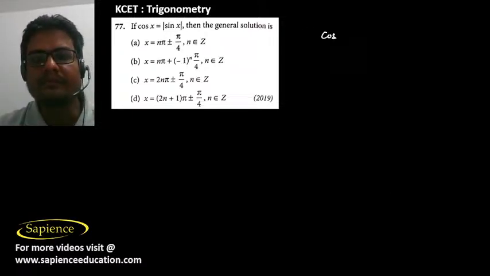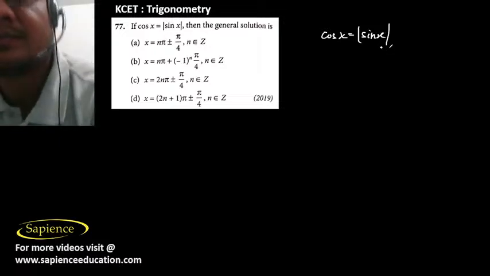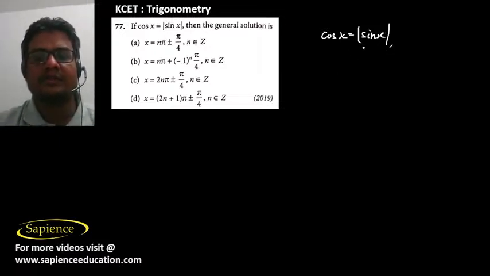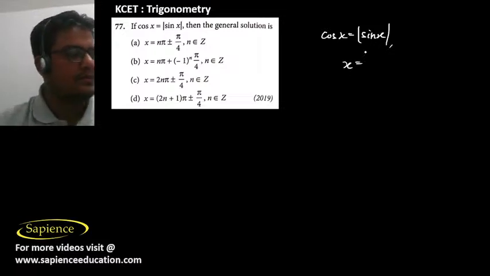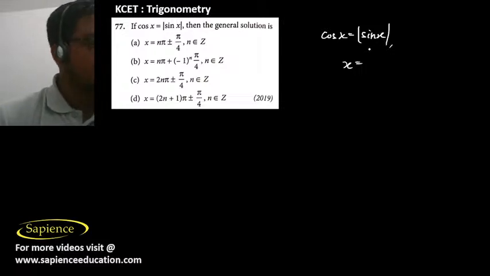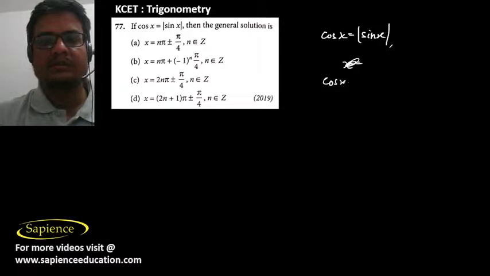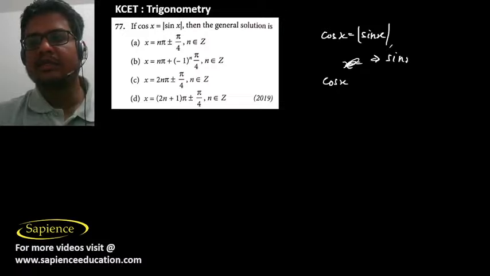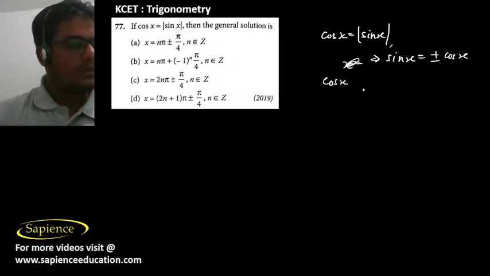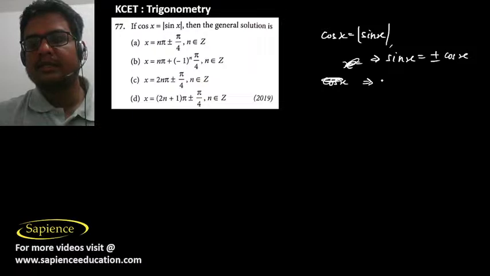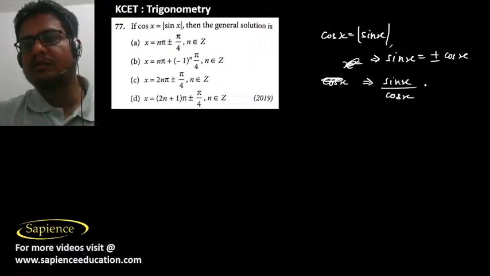And then in question number 77, cos x is equal to mod of sin x. You have to find the general solution of this. If we remove the mod, then we can say sin x is plus or minus cos x. So sin x by cos x is equal to plus or minus 1.